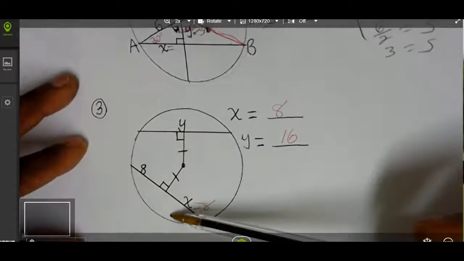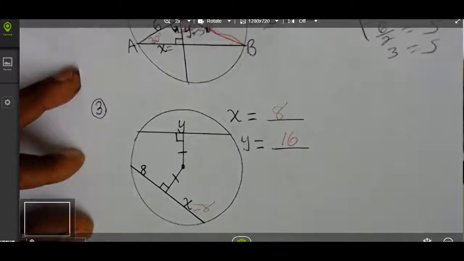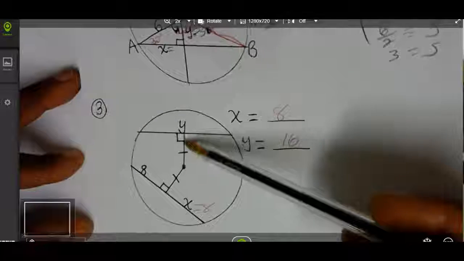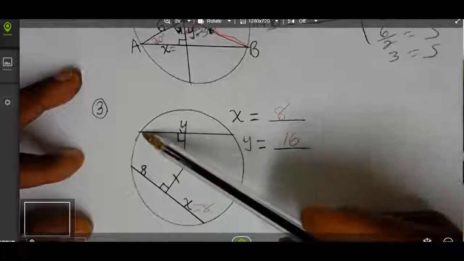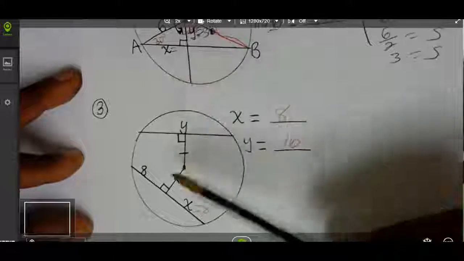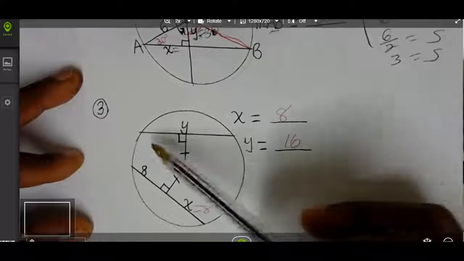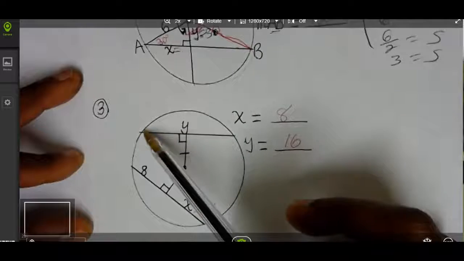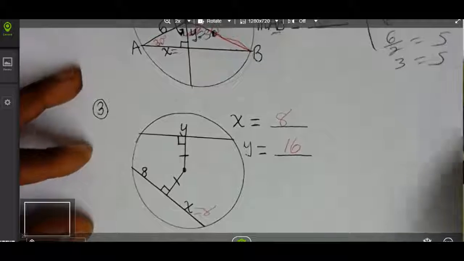And congruent chords make up congruent angles, congruent arcs, and if we have equal distance from the center to the chords, then it means that the chords are equal also. So these three things kind of go together. If this is the equal distance from the center, it means equal chord, and equal arc as well. Okay, all right.